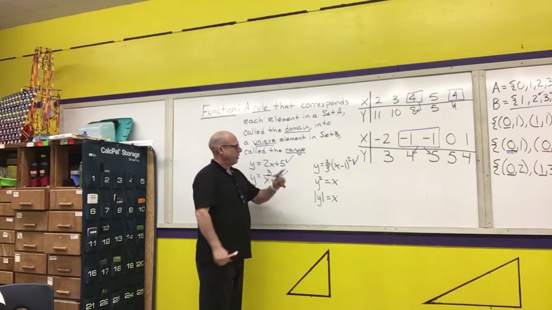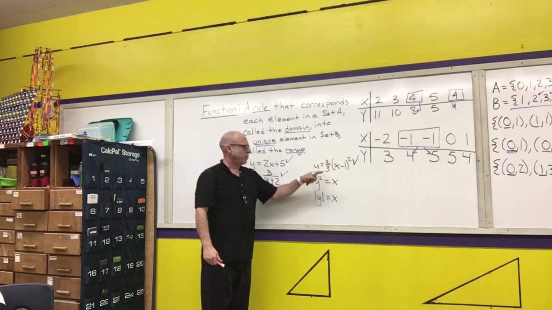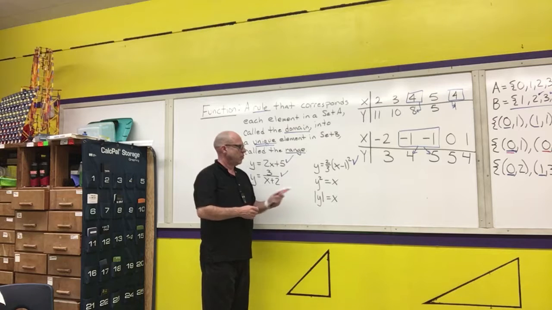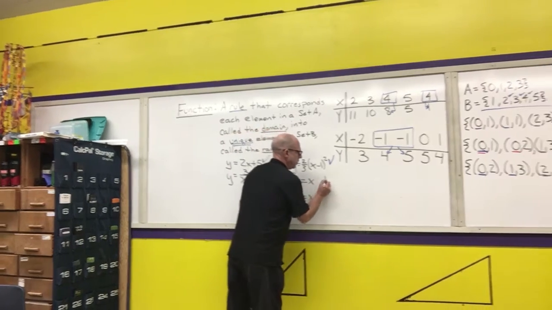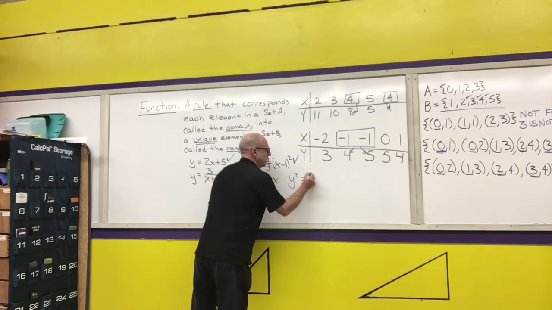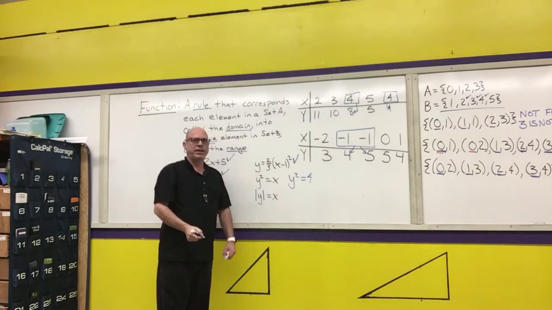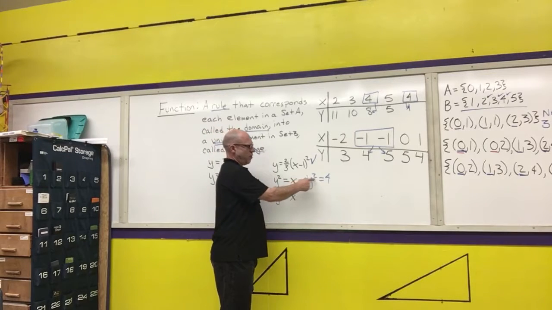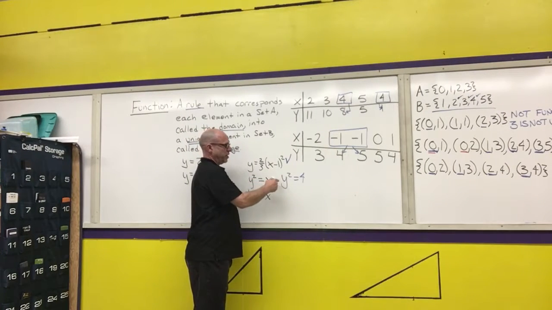Okay, so let's pick a number here for this one. y squared equals x. Let's see if it's a function. Let's put a number in for x, for example, 4, and solve for y to see if I get a unique value. To solve for y, you take the square root of both sides.